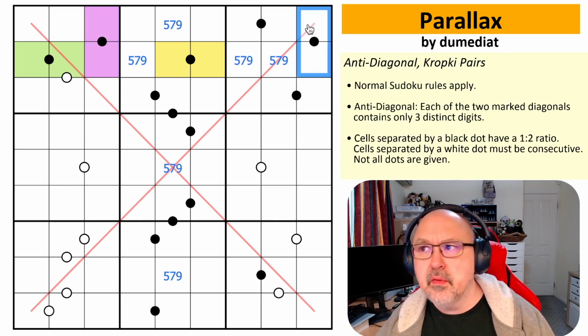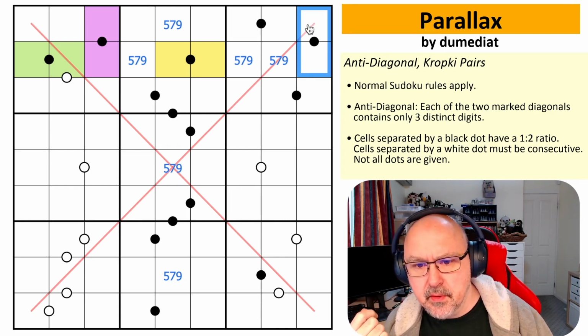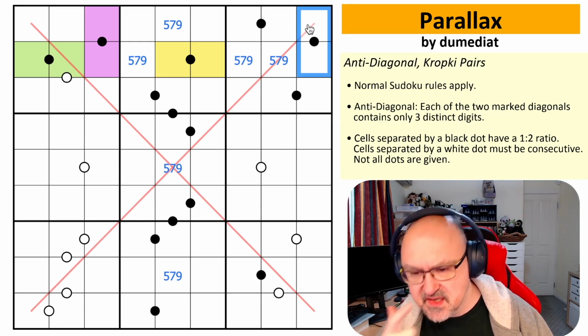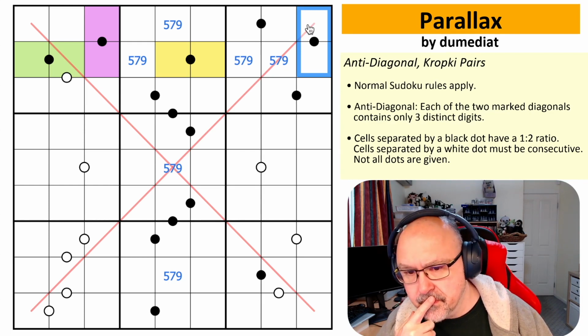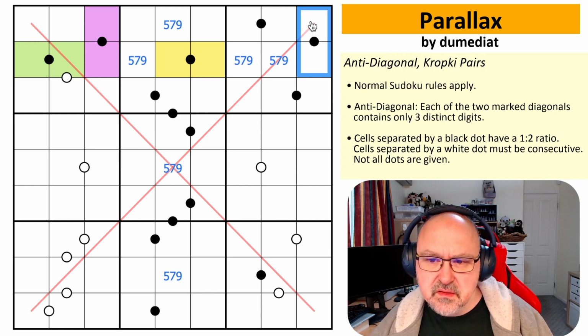But there are 4 ways of making up a black dot: 1, 2; 2, 4; 4, 8; or 3, 6. But this means, I'm not sure.